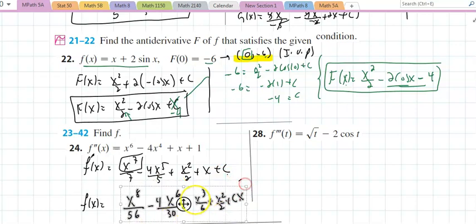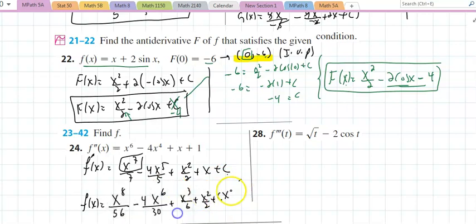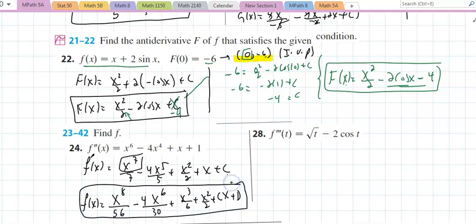variable for another constant, say d. And there it is. If I had 3 derivatives, this is t to the 1/2. So the first antiderivative will be add 1 to the power, divide by that, minus twice the sine of t, plus c.